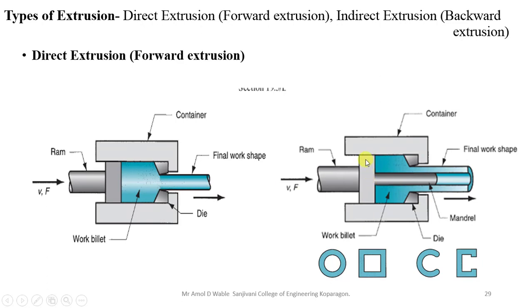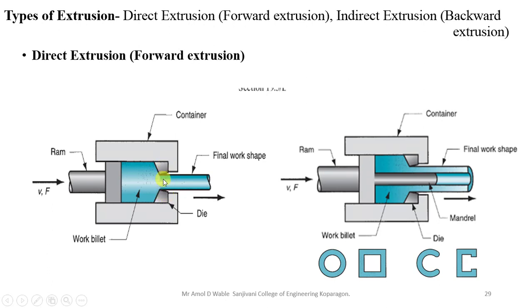Only in this case the ram is attached with a shaft, so that due to this shaft you get a hollow shape, and in this case there is no shaft, so you get a solid shaft. This is called a chamber or a container. This is the ram, this is where the red hot billet is kept, this is the final shape of your workpiece, and this is called the die.